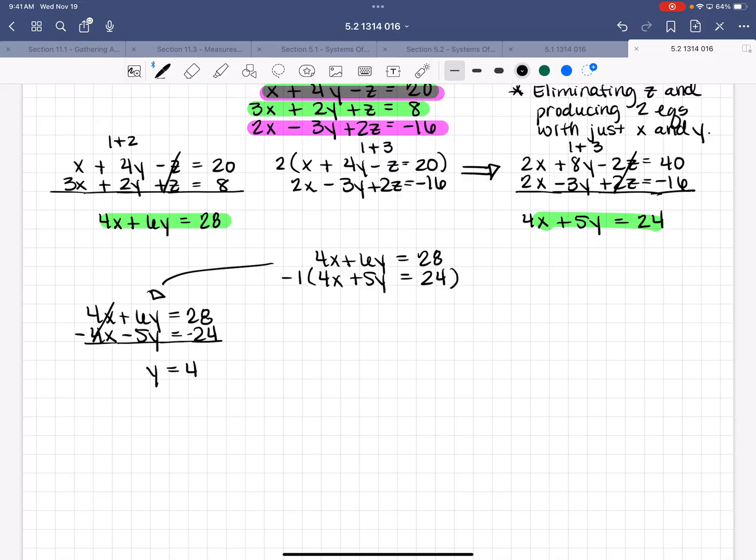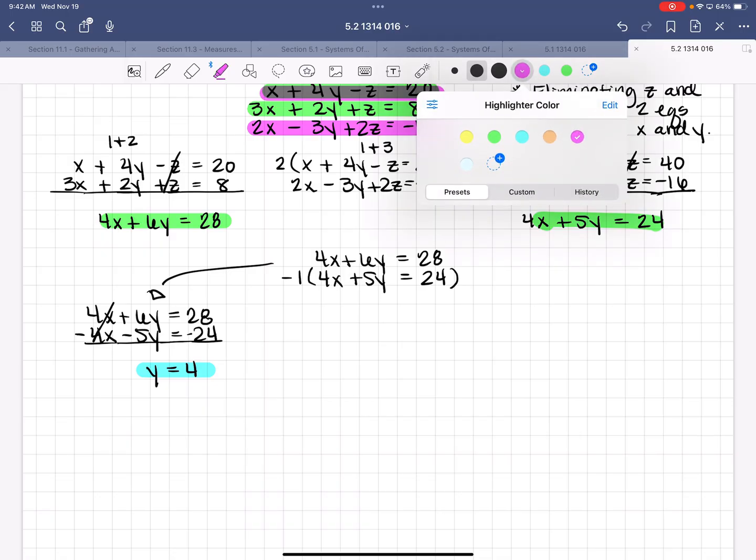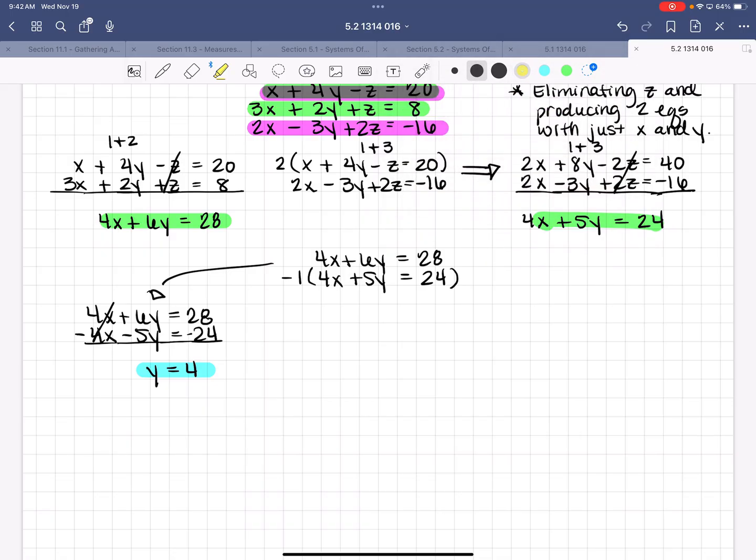Okay? Now, what would we normally do with him? If we just had two systems, we would put him back in one of those originals, right? Those two variable ones. So that's what I'm going to do. Let's just put him in the first one. It doesn't matter. I like the first one. So I'm going to say 4x plus 6y equals 28.